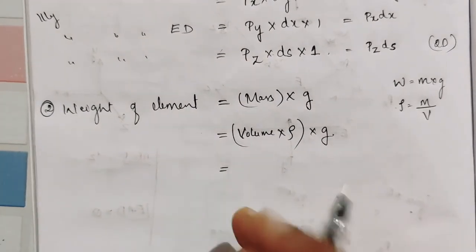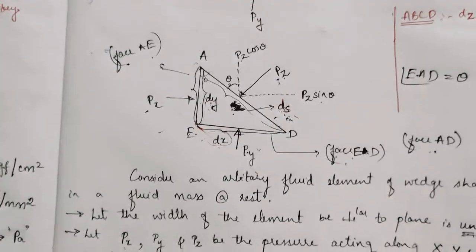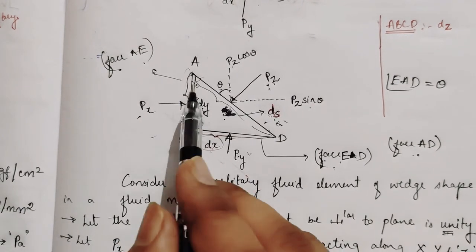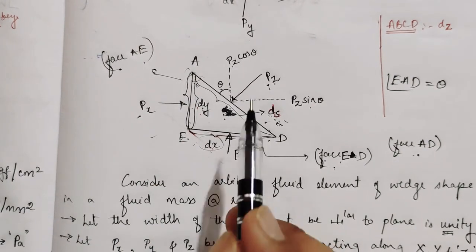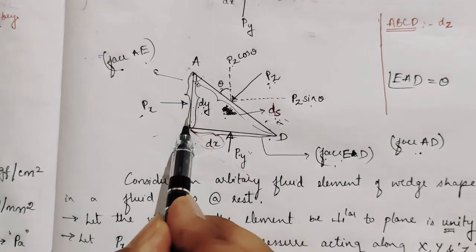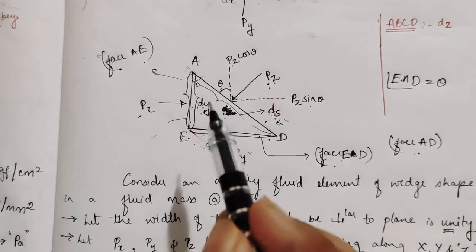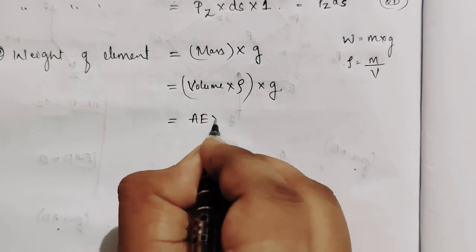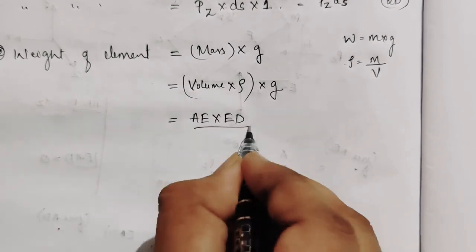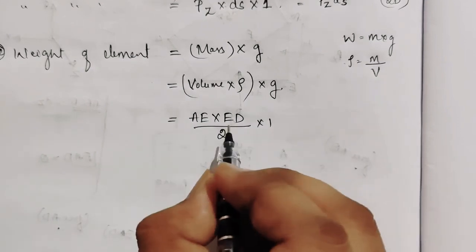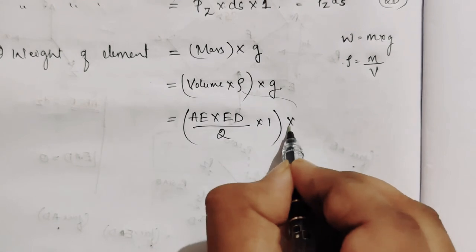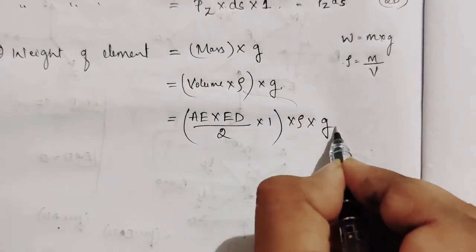Volume, whenever I take it, I have to consider the 3D element. So AE, ED into width, which is unity. So face AE into ED divided by 2 into 1, into density into g.